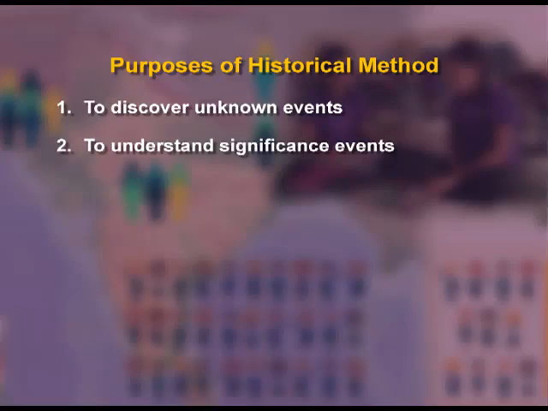First, to discover the unknown events. By using historical method, the investigator collects data and seeks to discover the unknown events. Second, to understand the significant events. These are responsible for shaping an organization or a movement or a situation or an individual being studied by a historian.